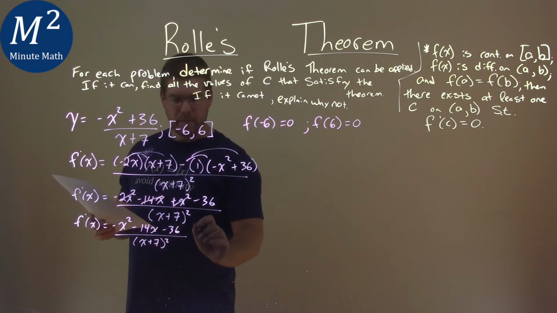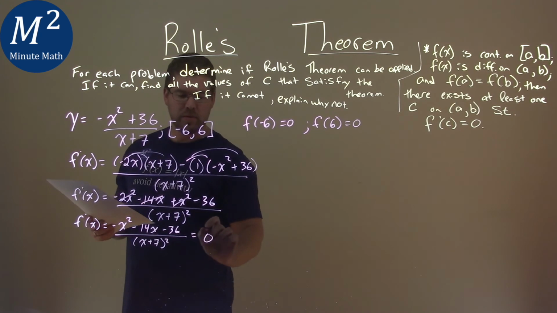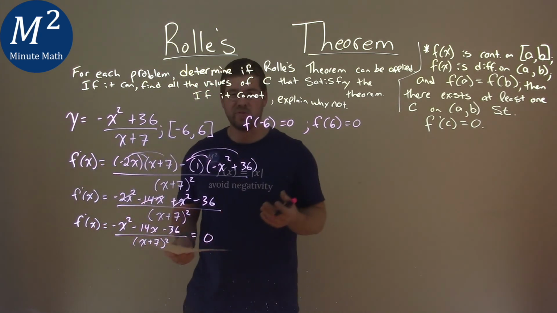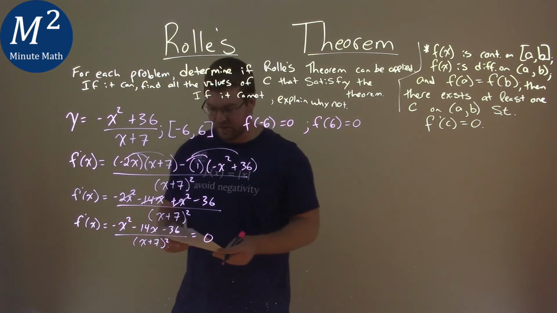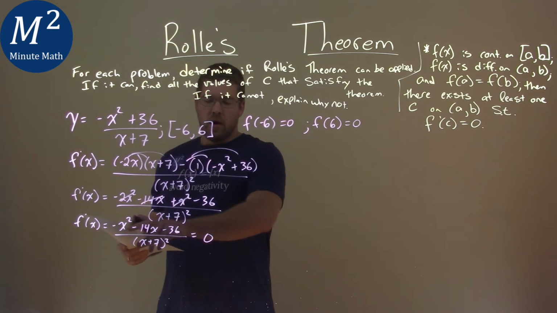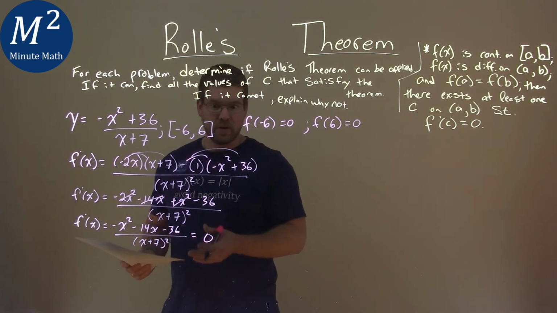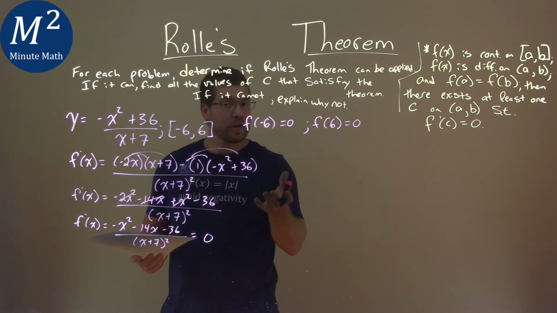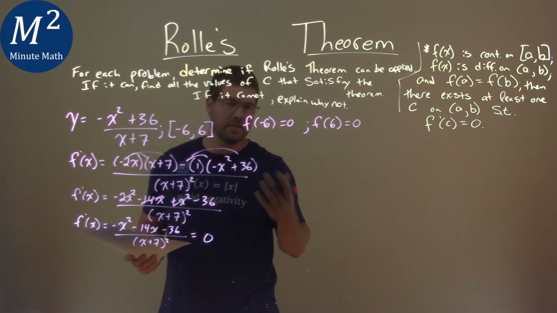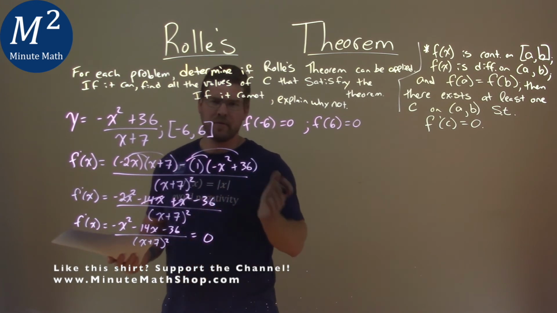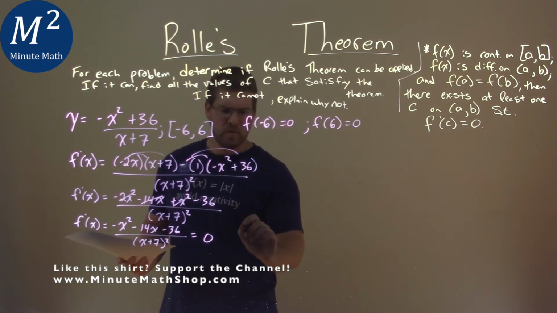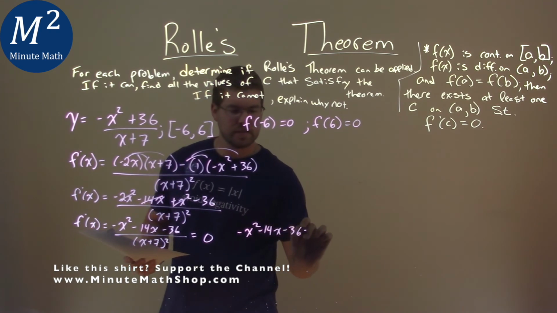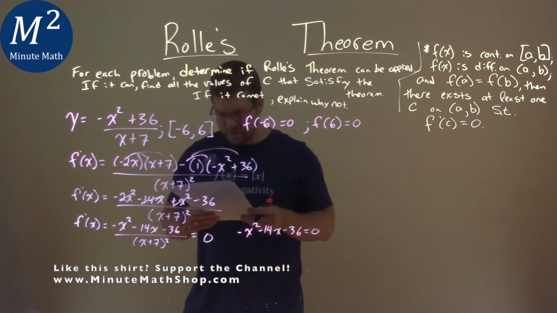From there, all right, we need to find where this is equal to 0 to apply Rolle's theorem. There's nowhere else really I can simplify this. Now, to do that, since this is a rational function, we just need to take our numerator and set it equal to 0. Because if the numerator is equal to 0, we're dividing it by anything, it's still 0, right? And the denominator, if it equals 0, is undefined. So we take that -x squared minus 14x minus 36 and set it equal to 0.